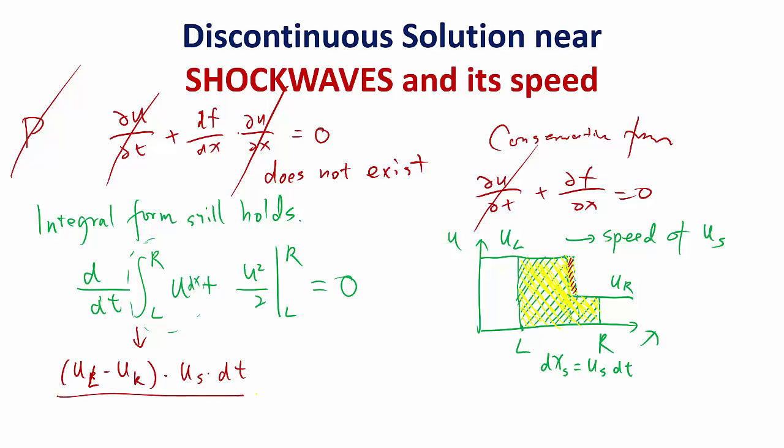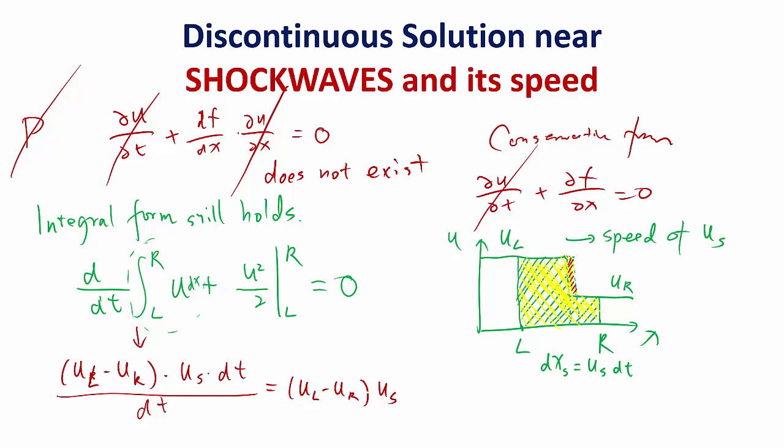And this, of course, has to be divided by dt over here. So we can see that the derivative of the conserved quantity, the total amount of stuff, is actually a finite quantity, even when this region contains a shockwave.